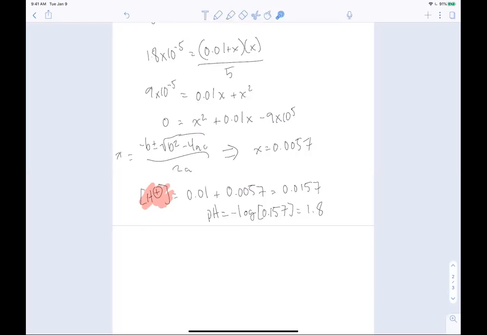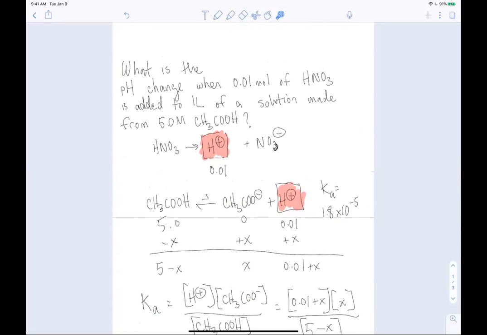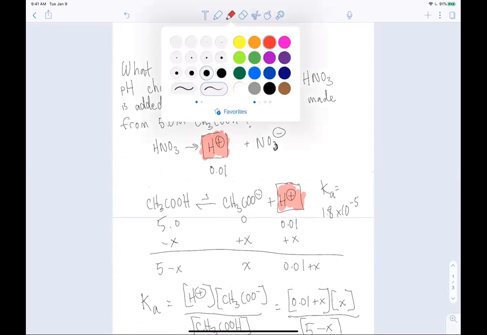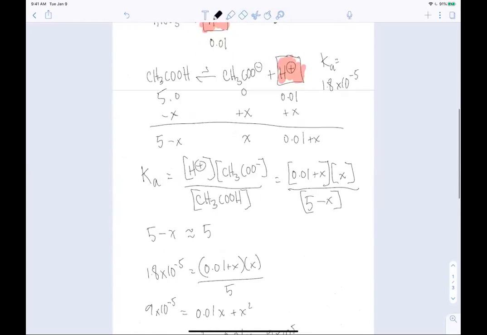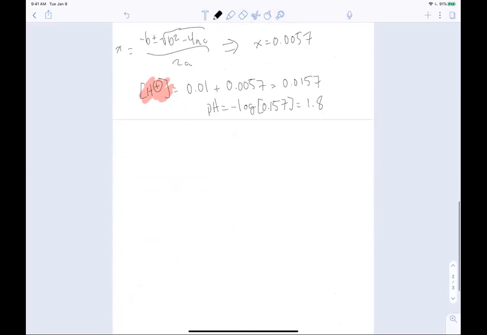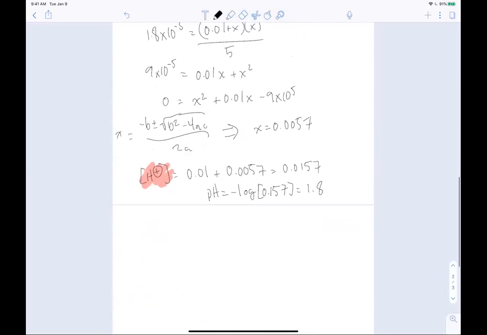Okay, so the nice thing is, in this problem we're not dealing with a buffer. All we have here is an acid. In order to have a buffer, you have to have an acid and its conjugate base pair. We can take a look at what happens when you have that situation. So let's look at several different solutions here.